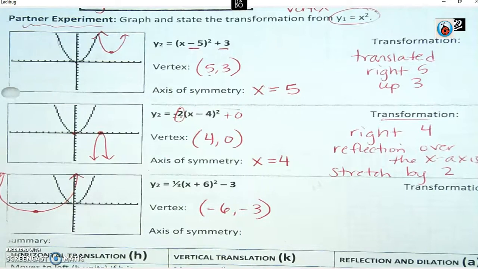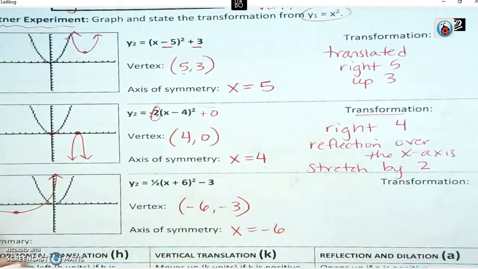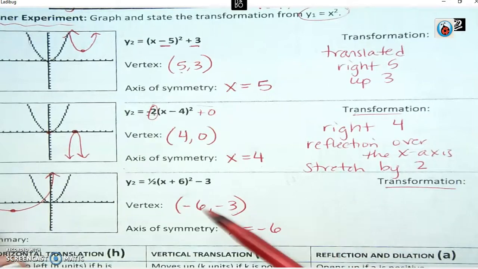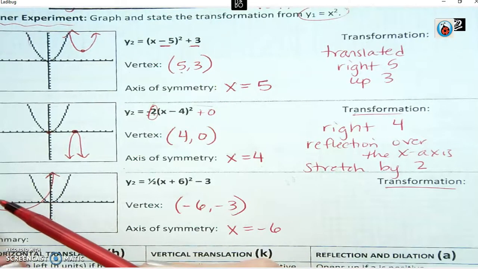Think about when you crush a soda can with your foot. When you stomp it, the soda can actually gets wider. All right, your axis of symmetry, x equals -6. All right, transformations. We'll first talk about from 0, 0, it went left 6 and down 3.